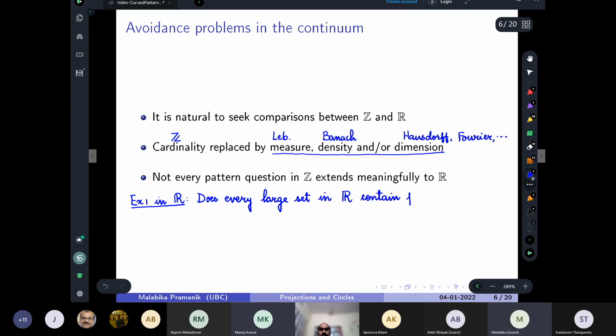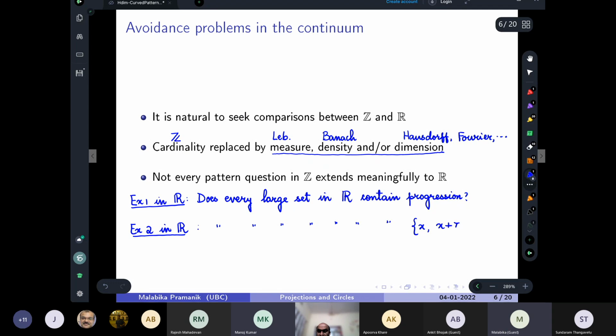This is a perfectly meaningful and in fact very well studied question. Whereas if you look at example 2 in R, where we say, does every large set in R contain pairs of the form x, x plus z squared?